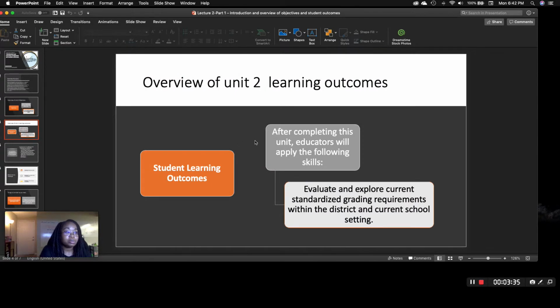The learning outcomes are pretty simple. After completing this unit, educators will apply the following skills. You should be able to evaluate and explore current standardized grading requirements within a district and current school settings.